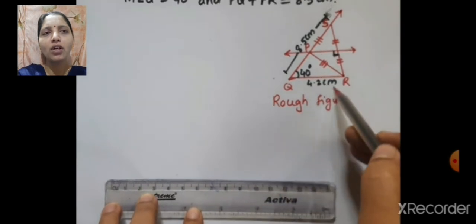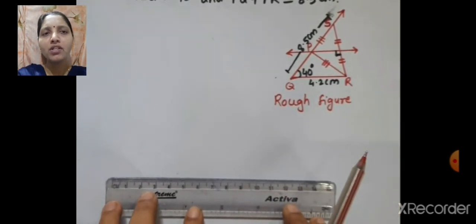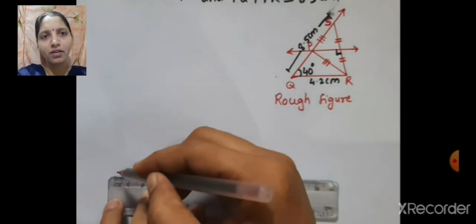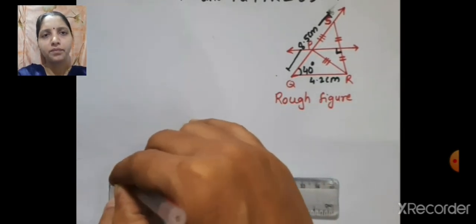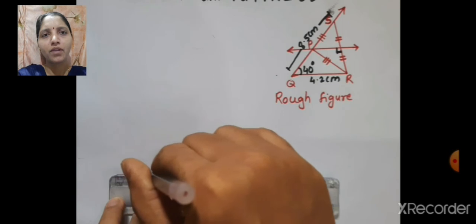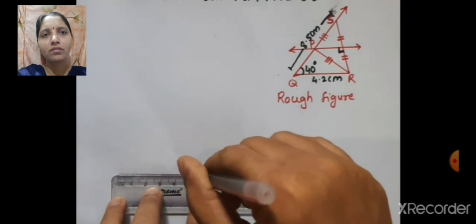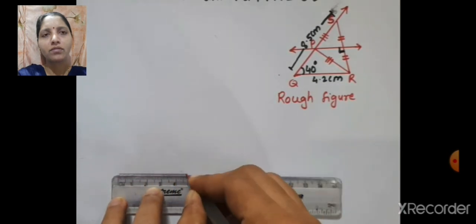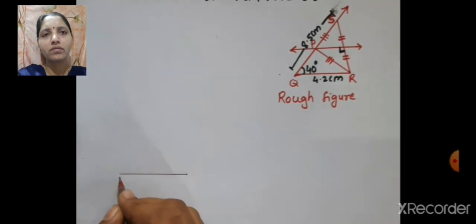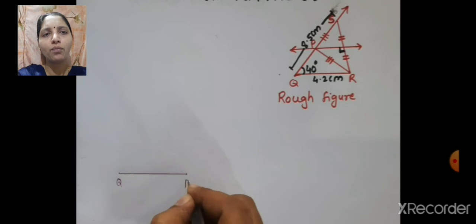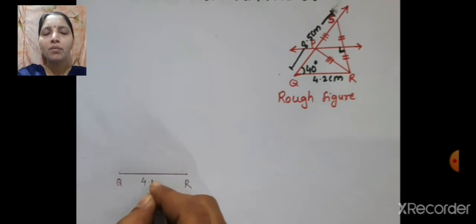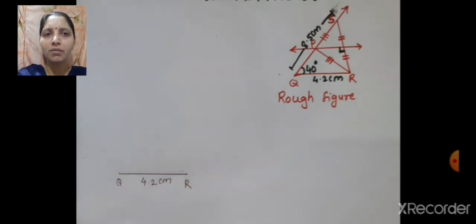So this way you are going to draw base of this triangle PQR. Right here Q, R and the measurement 4.2 centimeter.